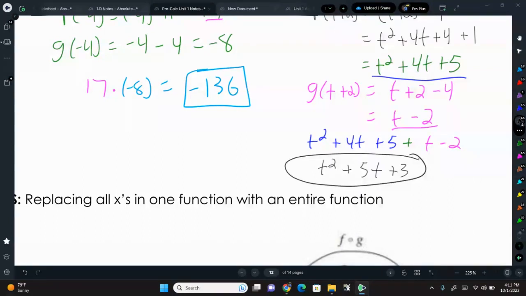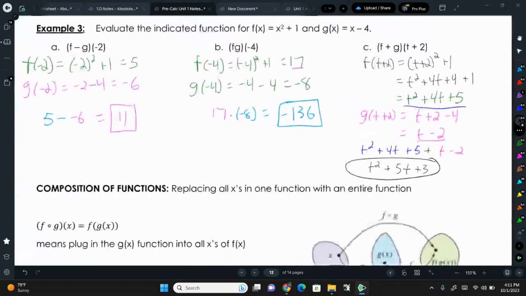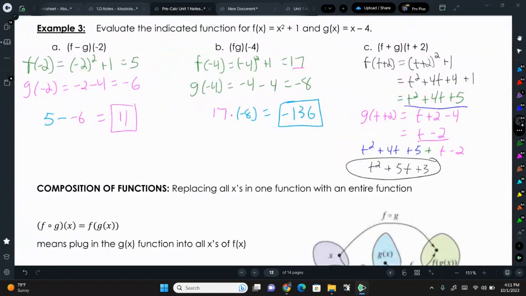That'll be our added function. So again, adding, subtracting, multiplying, and dividing isn't too terrible when we're dealing with combining functions. We have to make sure we're doing them in the right order and we're paying attention to the domain.